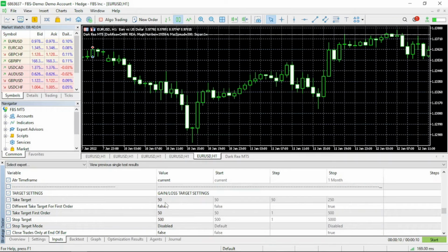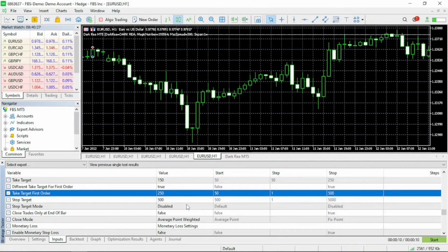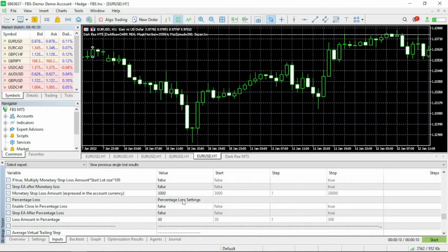Next, we're going to adjust the take profit. First, I'm going to have a different take profit for my grid and first order. The take target for the first order is going to be 250, and the take target for the grid is 150. The reason, when you look at the chart, there's a lot of movements that weren't captured by the Expert Advisor.